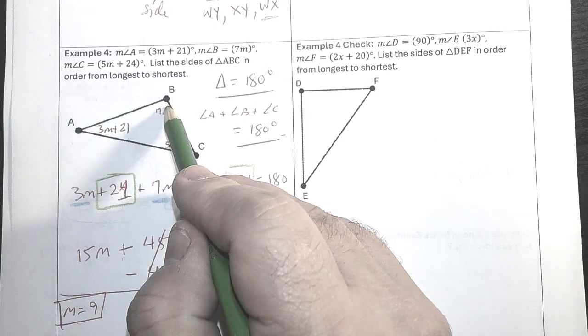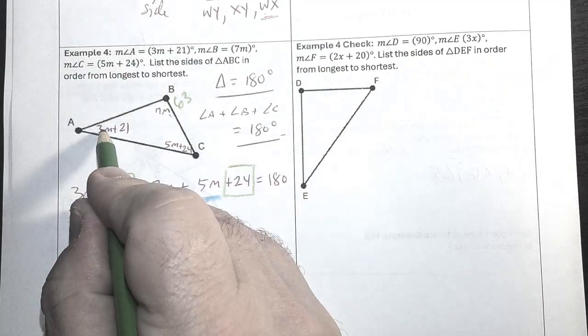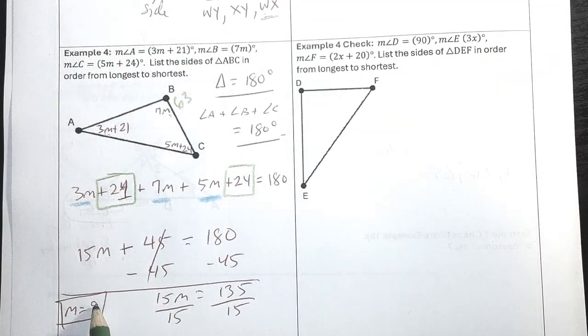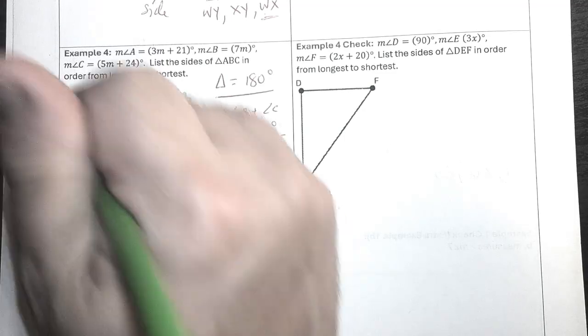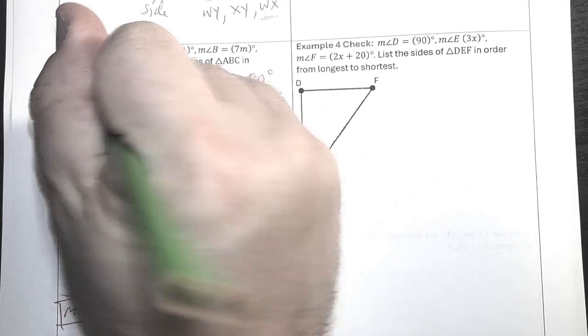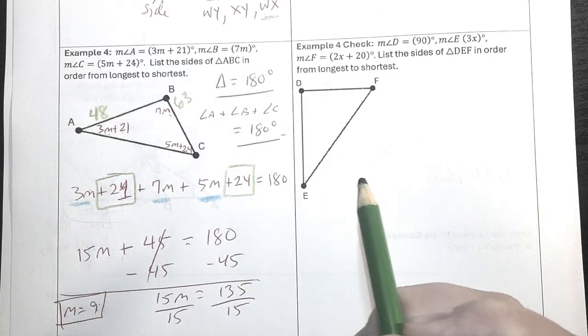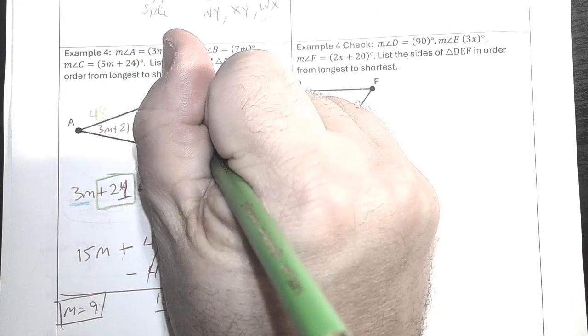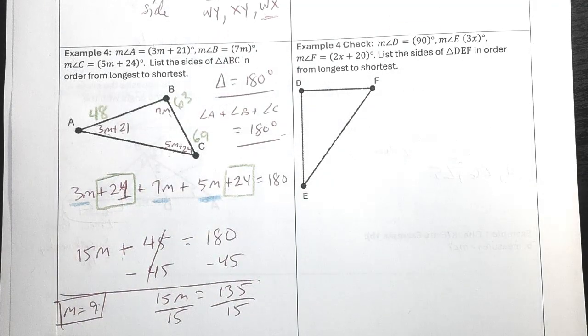So 7 times 9, that's 63. 3 times 9 is 27, plus 21 is 48. I'm just writing these here. And then 5 times 9 is 45, plus 24 is 69.